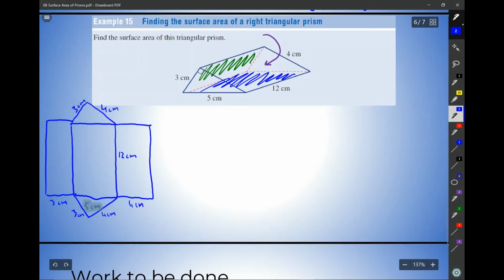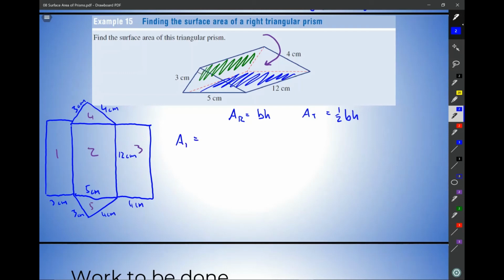I might just move this 5 centimeters so it's a bit clearer. Right, and again I'm going to number all of my sides. So now we're going to need 2 area formulas for this. Rectangle. And we also need triangle. And then I can just go down the list and calculate all my areas.